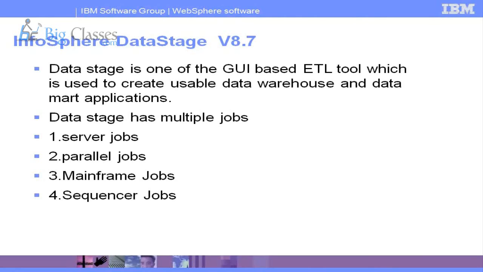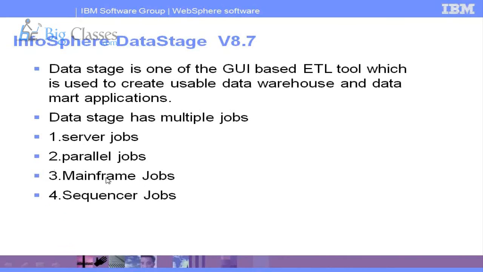Those are server jobs, parallel jobs, mainframe jobs, sequence jobs. All these different environments are available. In DataStage, we have multiple platforms: server jobs, parallel jobs, mainframe jobs, and sequence jobs. We will also discuss as part of our training what a parallel job is, what sequencer jobs are, and basic server jobs also we will discuss.